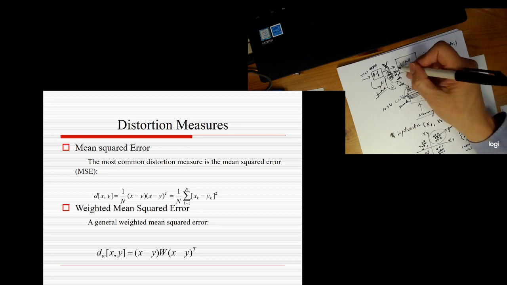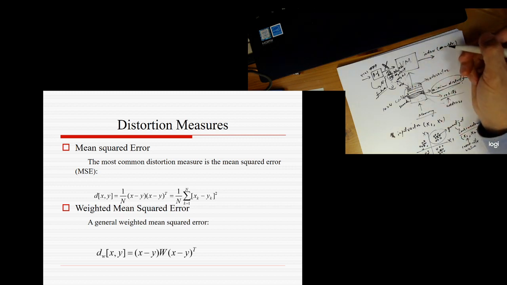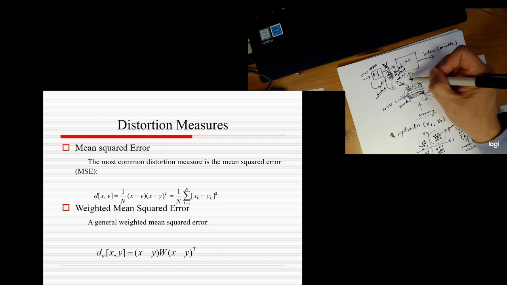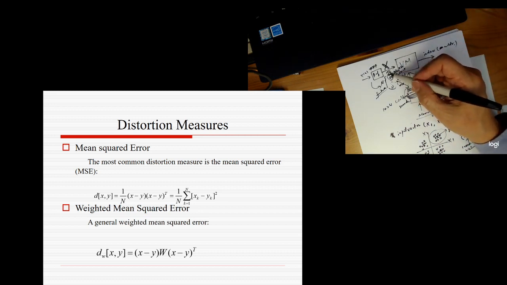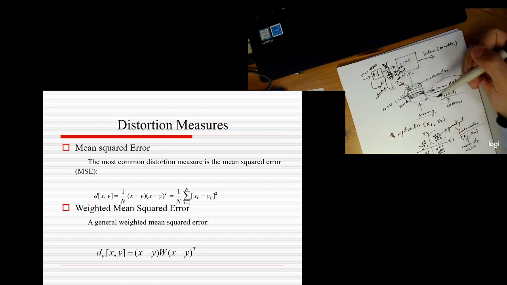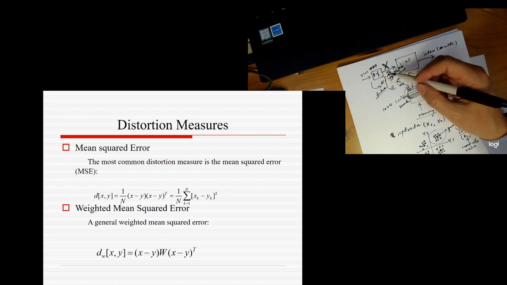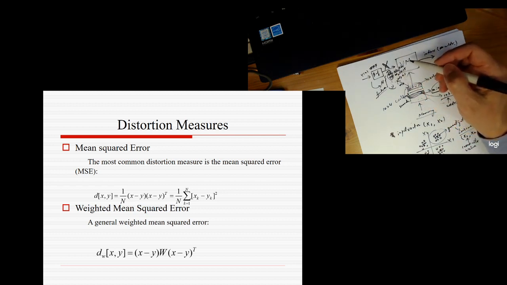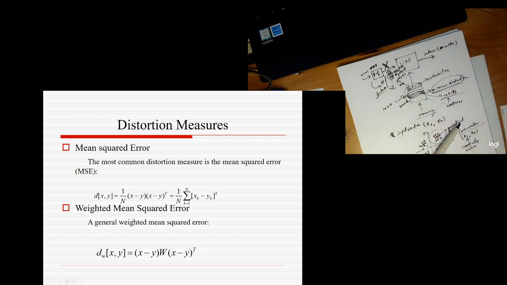The weight could be higher, like 0.2, while others could be 0.15, 0.1, with lower weighting values. We try to highlight the more important components during the distortion calculation. This is sometimes from a perceptual or quality point of view, so you can do a weighted mean square error.